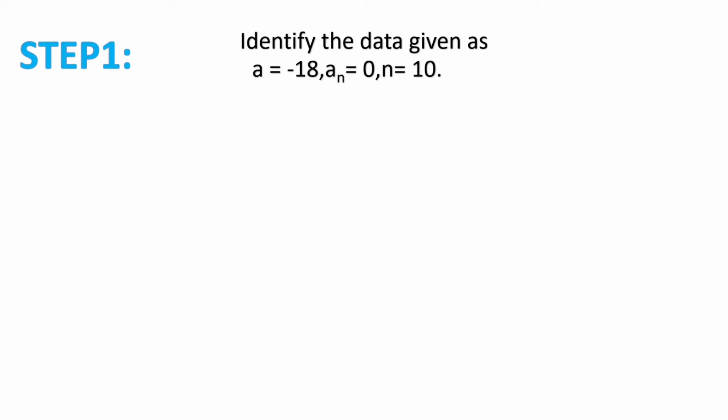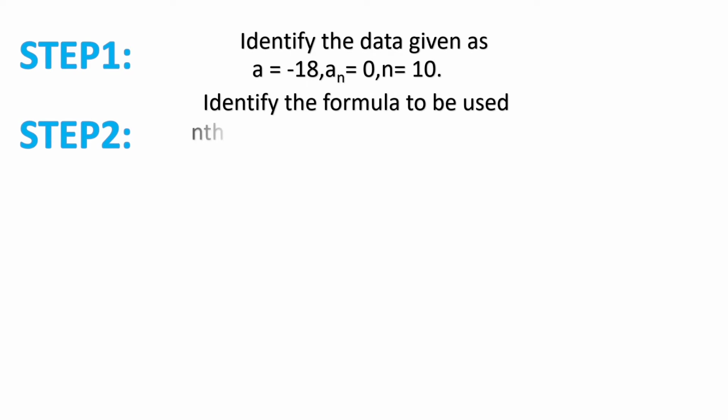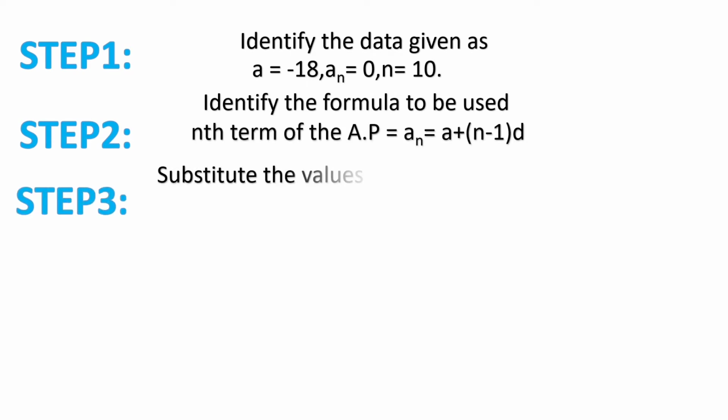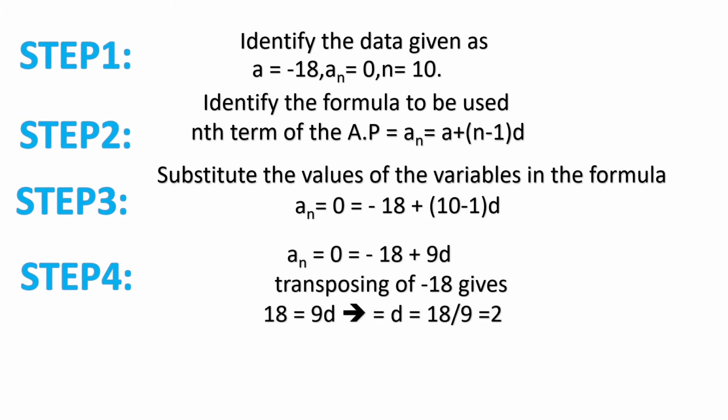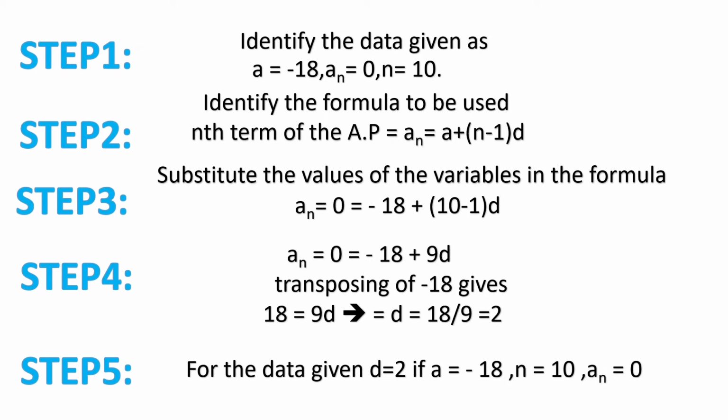Now, coming to the next sum, we have a as minus 18, an as 0 and n as 10. That is, the 10th term of the given AP is 0. Now, you need to find the value of the common difference, that is D. So, substitute the values given in the formula identified, an is equal to a plus n minus 1 into d.